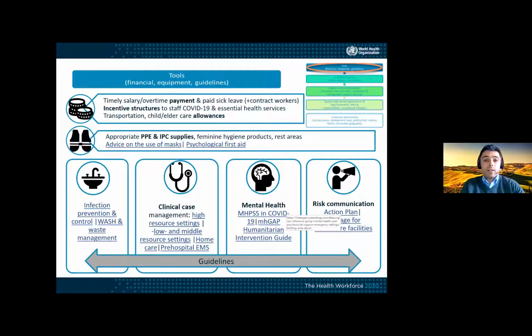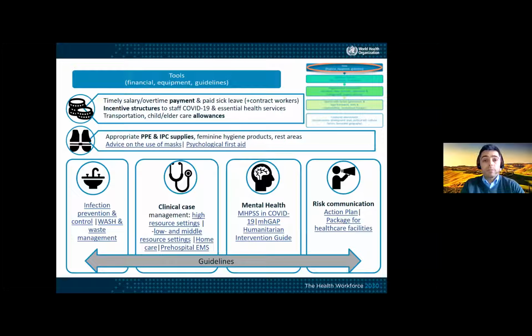Beyond that, there are specific considerations to be made regarding the provision of allowances, for example, for sick leave, for disability or death insurance, and these to be applied also to contract workers to avoid, for example, that some health workers have the perverse incentive of showing up at work while ill, because otherwise they would lose their source of income.